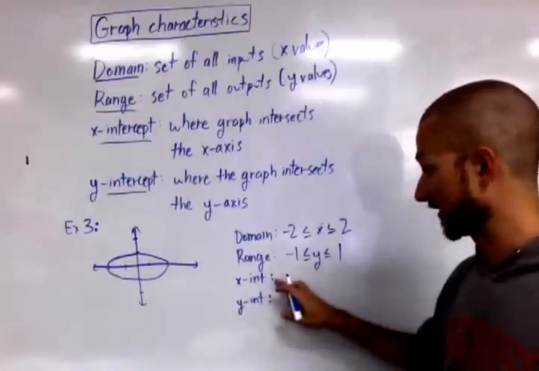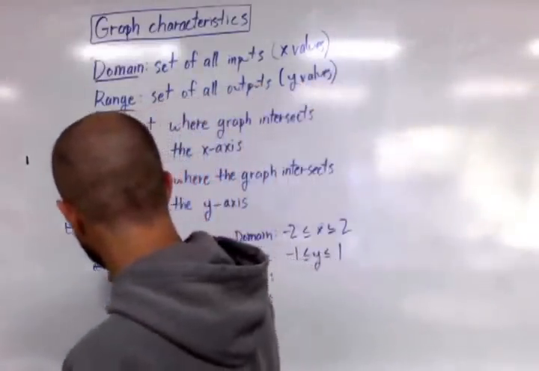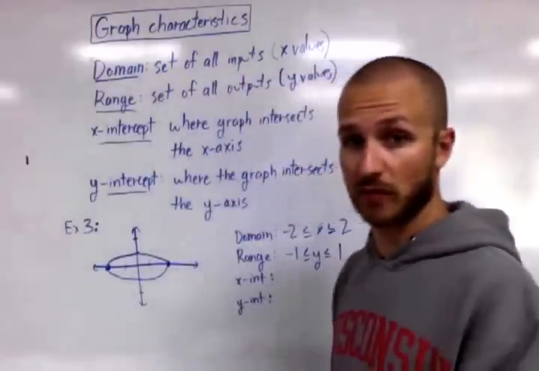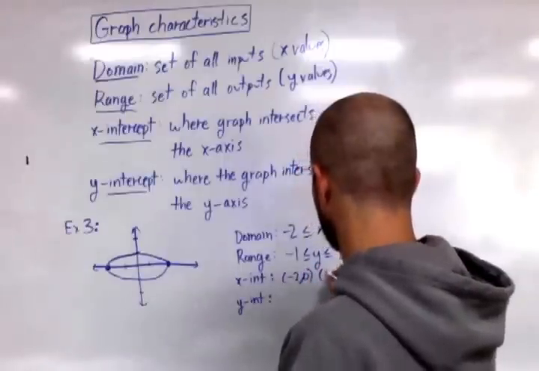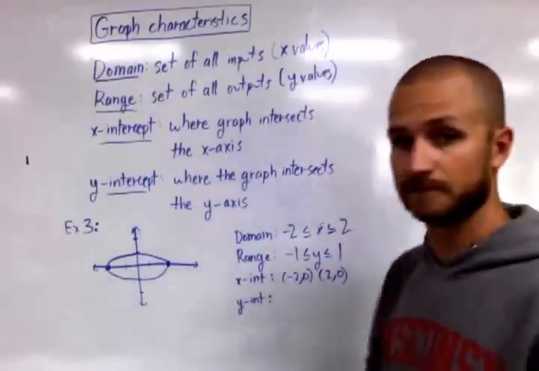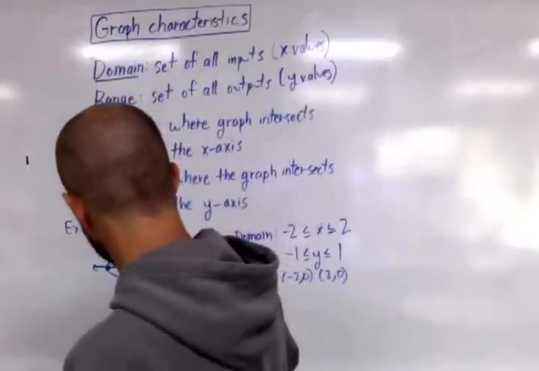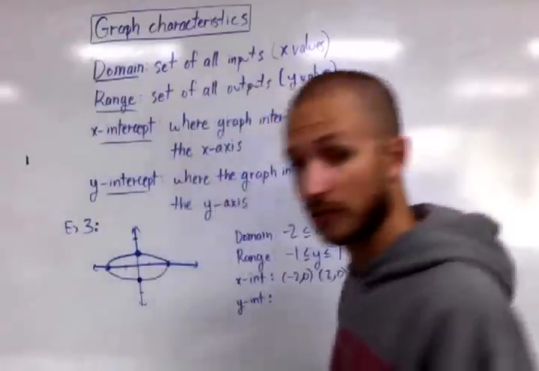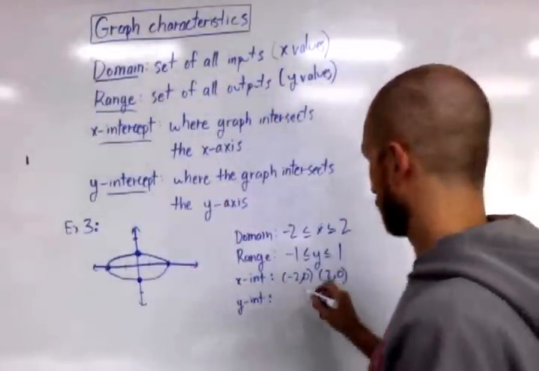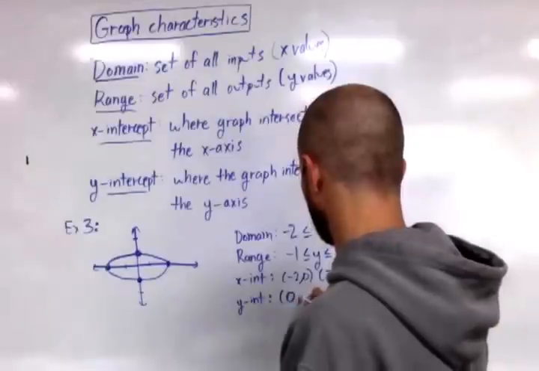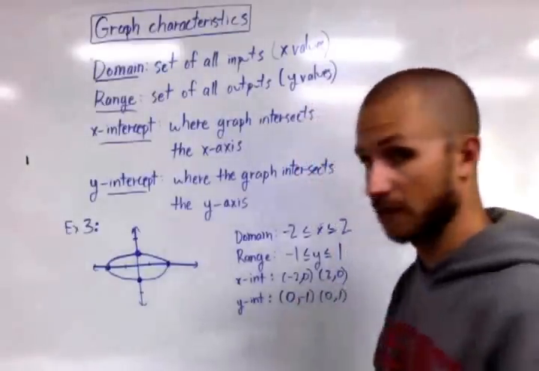X-intercept, well, let's see, we have x-intercepts right at those 2 points, which are (-2, 0) and (2, 0). Last one will be the y-intercepts. Put points there, they're below and up there, which gives us the points (0, -1) and (0, +1).